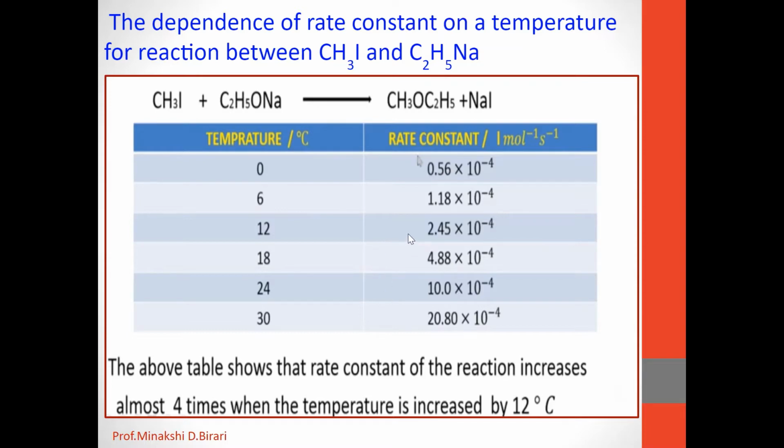So from these rate constant values we get that the rate constant of the reaction increases almost 4 times when the temperature is increased by 12 degrees Celsius. This is the dependence of rate constant on temperature for the particular reaction, methyl iodide plus sodium ethoxide giving ethyl methyl ether plus sodium iodide. This means that in many reactions the rate constant becomes as high as twofold or even threefold as temperature rises by 10 degrees Celsius or by 12 degrees Celsius.